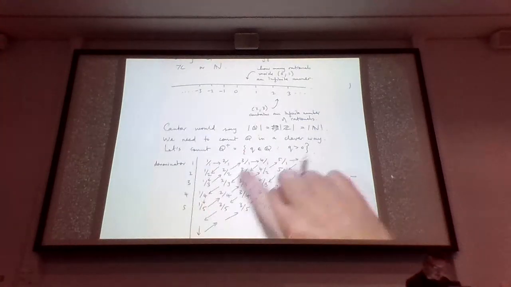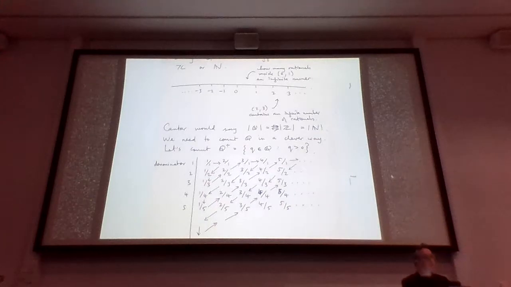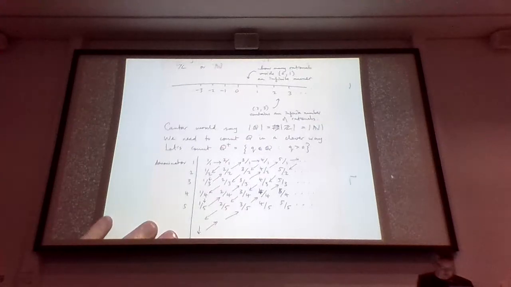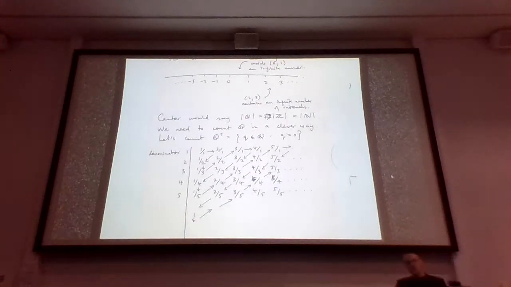So you're sweeping across the infinite rectangle this way. So that's a path. At each step you're stepping on to the next number in the route. And if you've got a path, you can count the number of steps in the infinite path is countable. So take the first step, the second step, the third step, the fourth step, the fifth step, the sixth step, and so on.